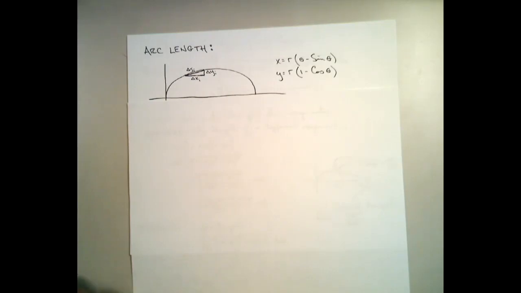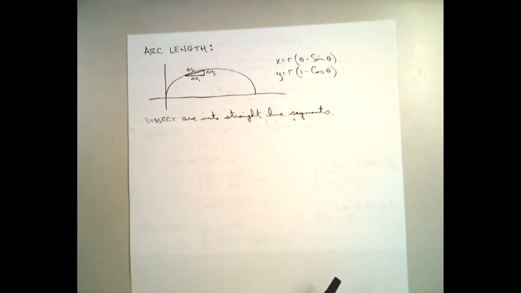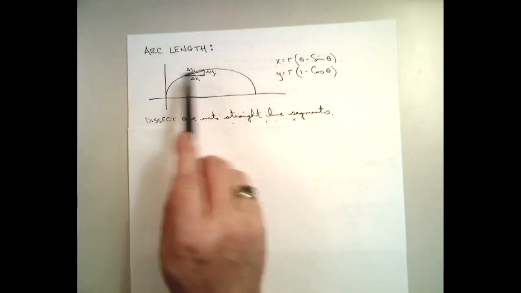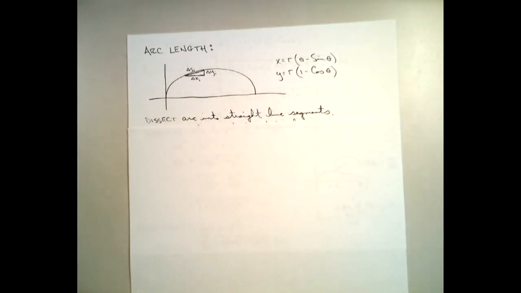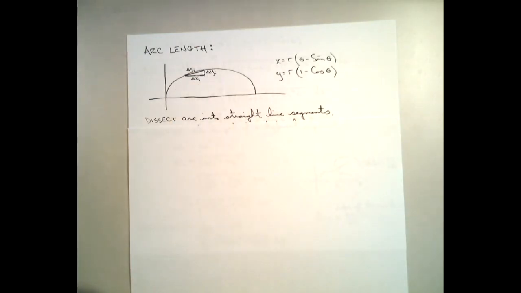So I've dissected the arc into straight line segments. I've drawn a typical line segment there, and then I dropped an altitude down and brought a base over to create a right triangle with that line segment as a hypotenuse. And I'm going to use that to analyze the length of that typical segment.